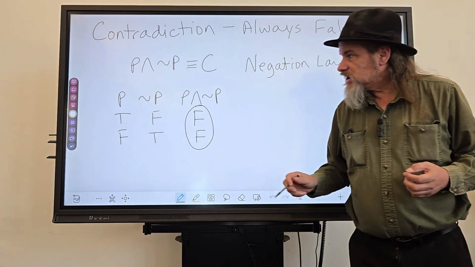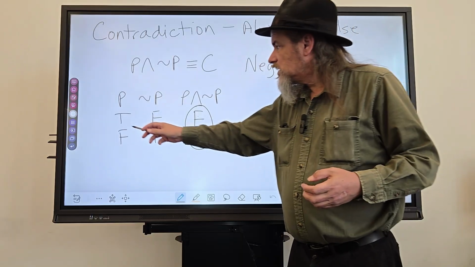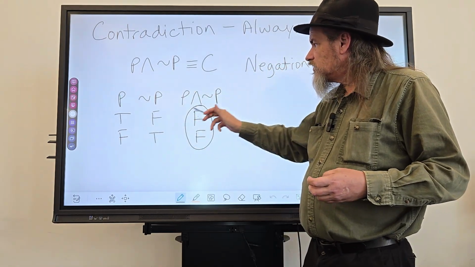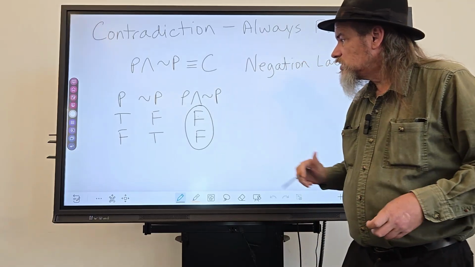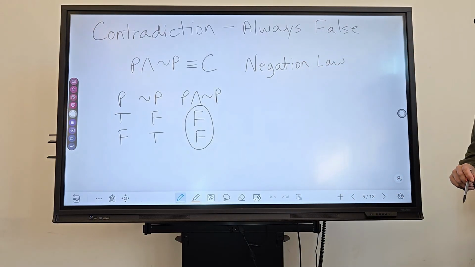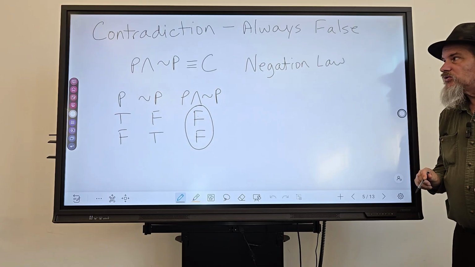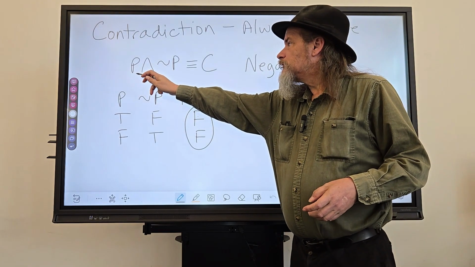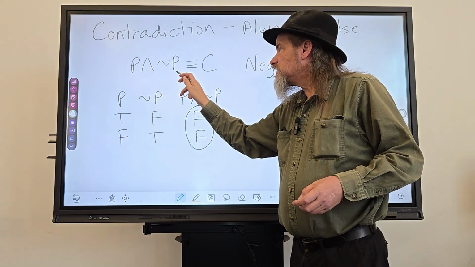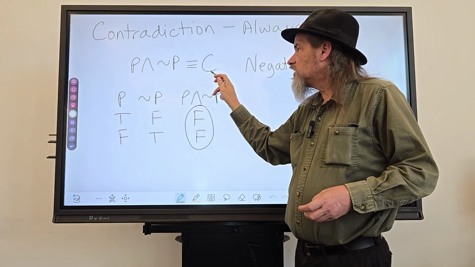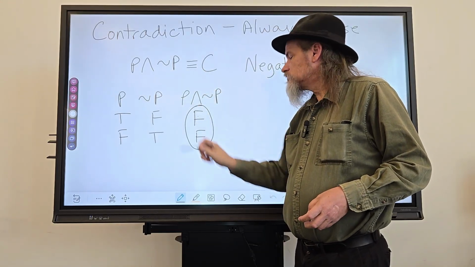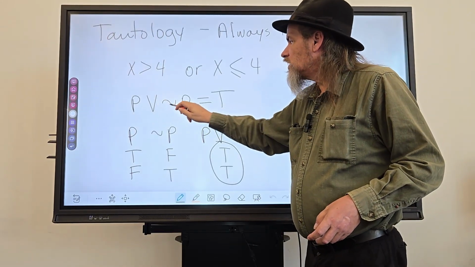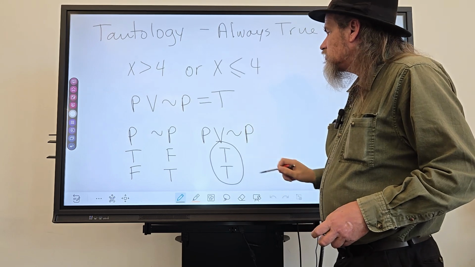So you look at the truth table, true, false, false, true, and them together, you always get false. Those two expressions, P and not P is equivalent to a contradiction, and P or not P is a tautology.